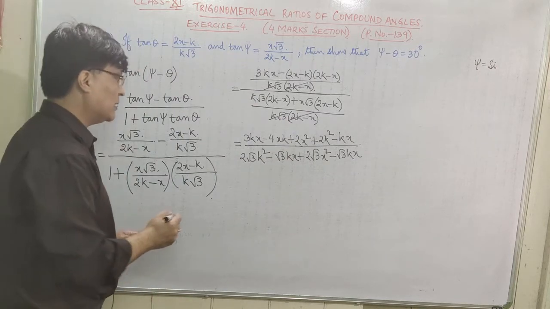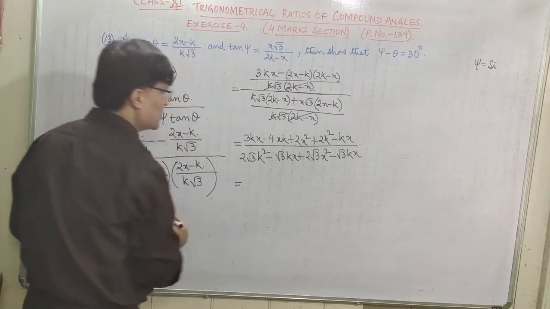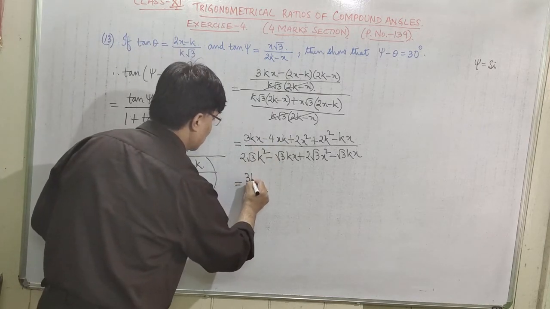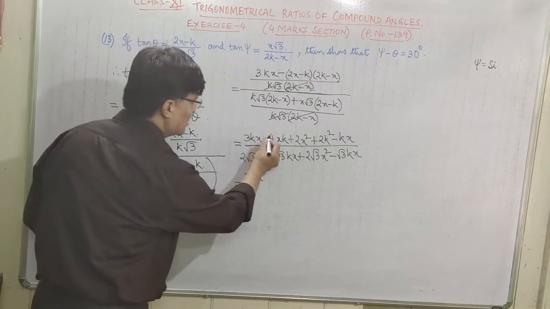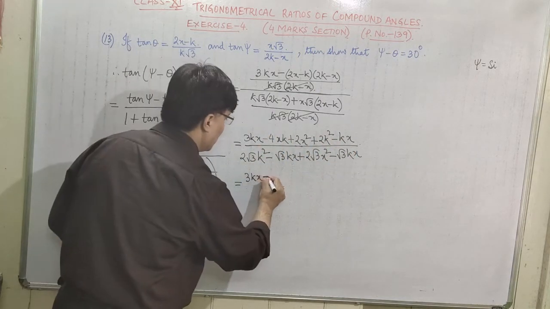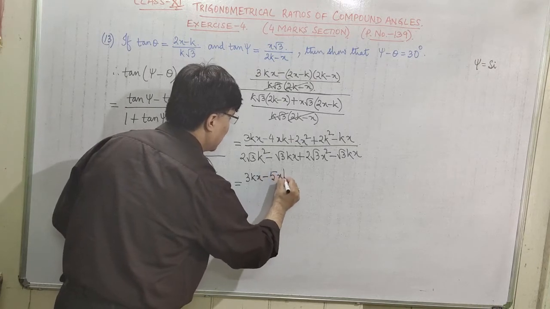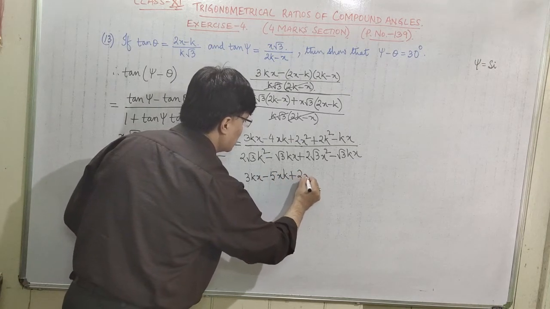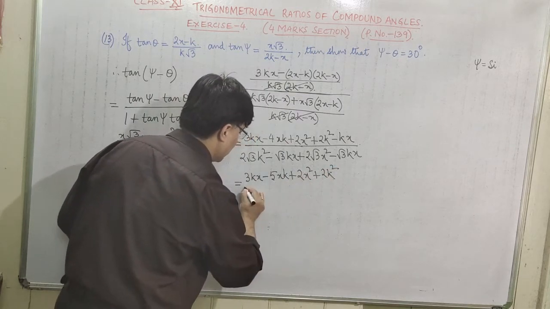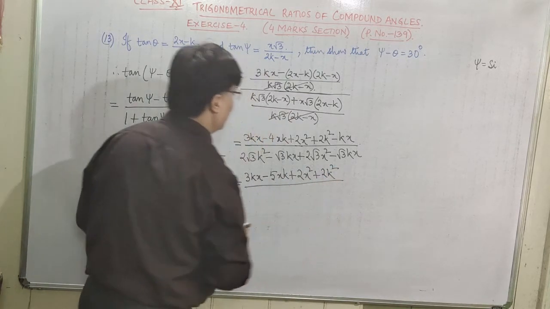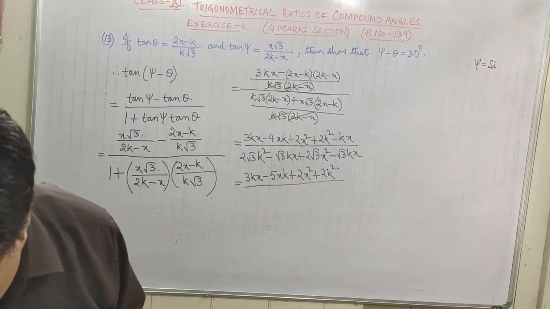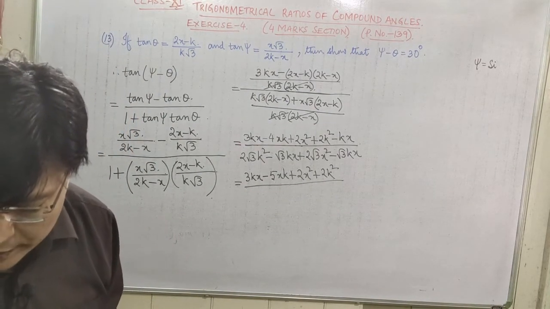Okay, so now let us simplify it, which is equal to, now 3kx, let us write here 3kx minus 4xk minus kx, same sign, you have to add them, minus 5xk plus 2x square plus 2k square. This whole divided by, now in the denominator, what do we write?